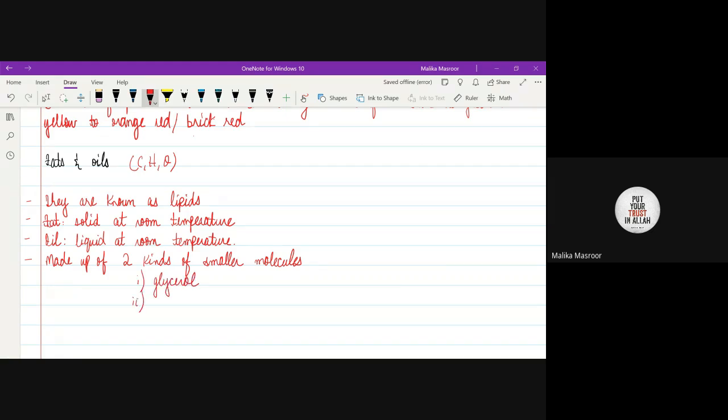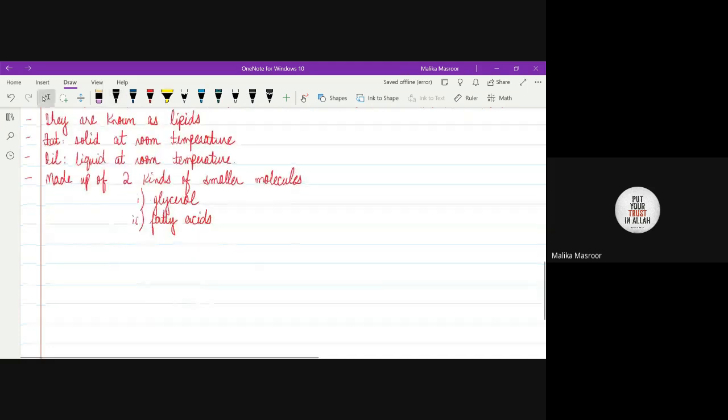You have one glycerol and three fatty acids attached to it. It looks like this.